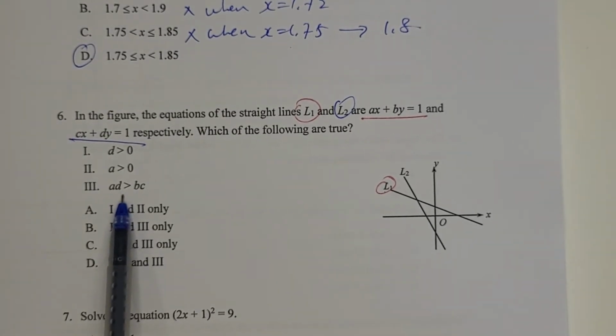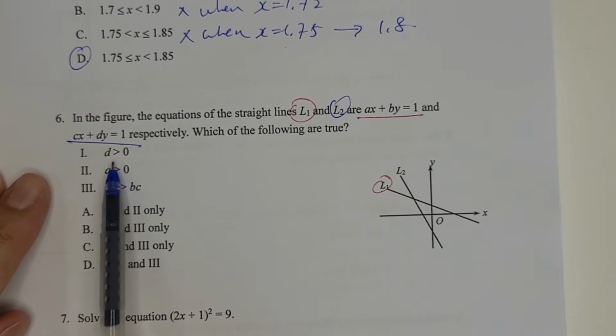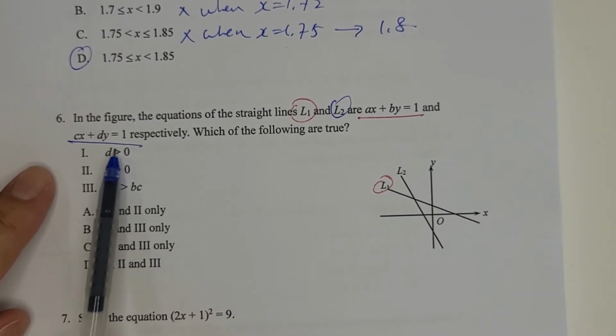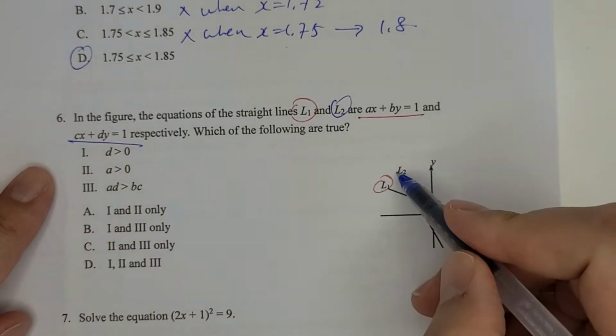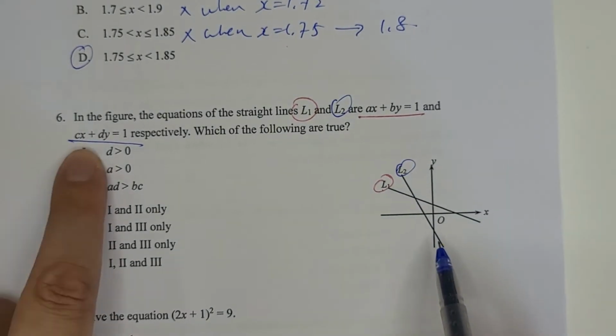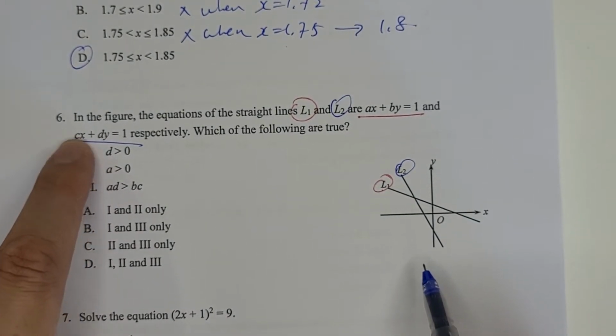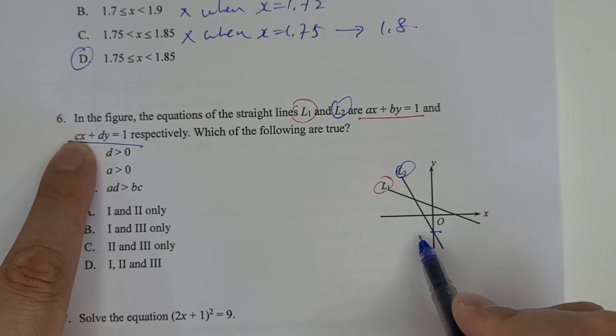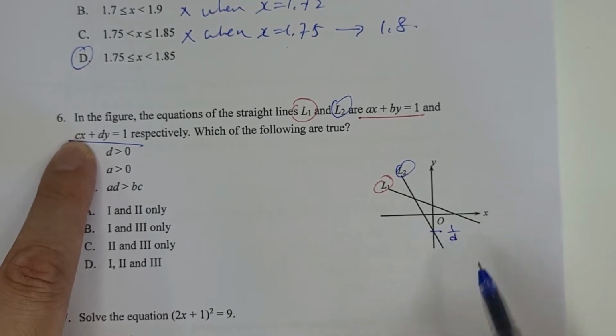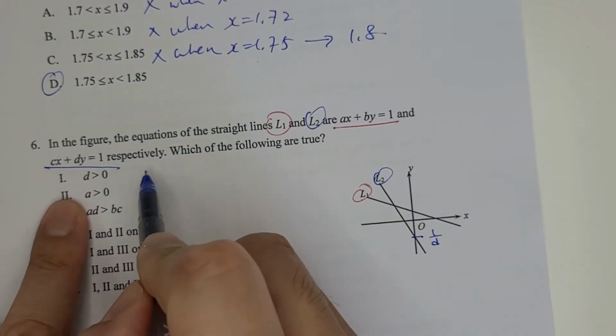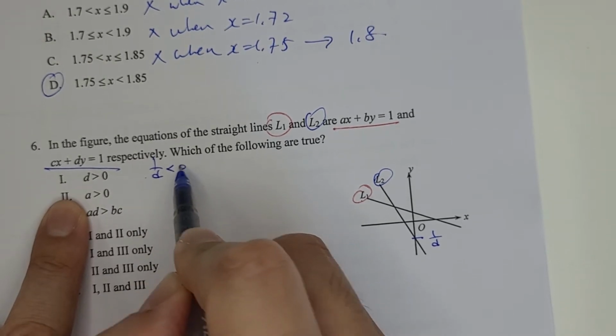So let's see one by one. How do we check whether D is positive or not? It is related to L2, so we check this one. We substitute x equal to 0 to find the y-intercept. So that is 1 over D. And you find that 1 over D is less than 0.